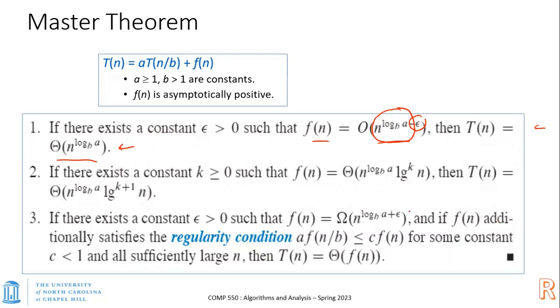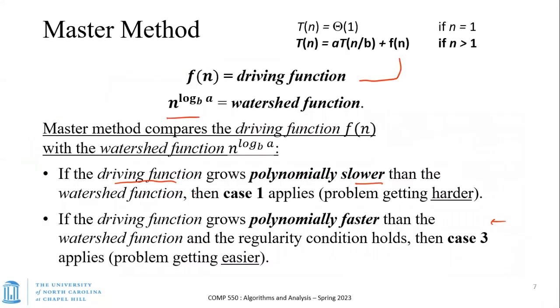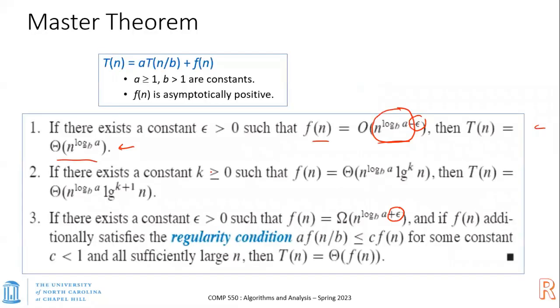And the third case is where you can see that the watershed function has a plus epsilon. That is the case where the driving function is a little faster, a little or a lot faster, but has to be faster. It can't be equal. So the first case is the driving function is less in complexity.